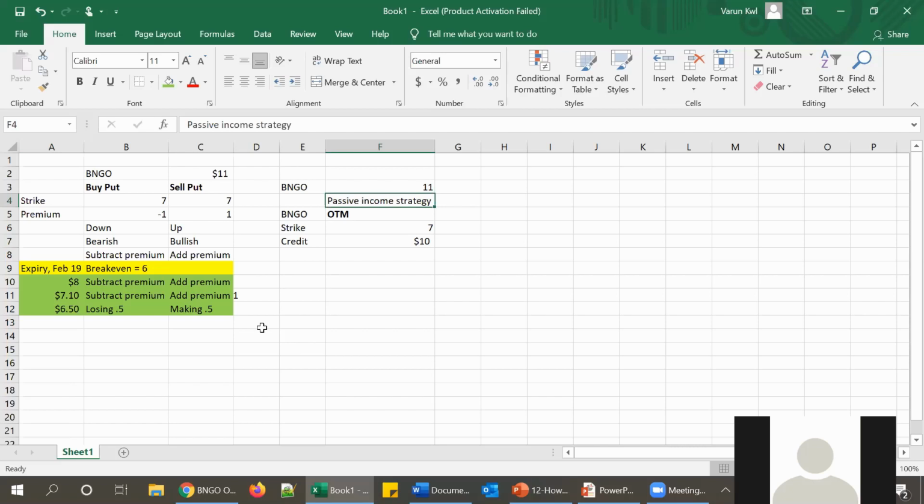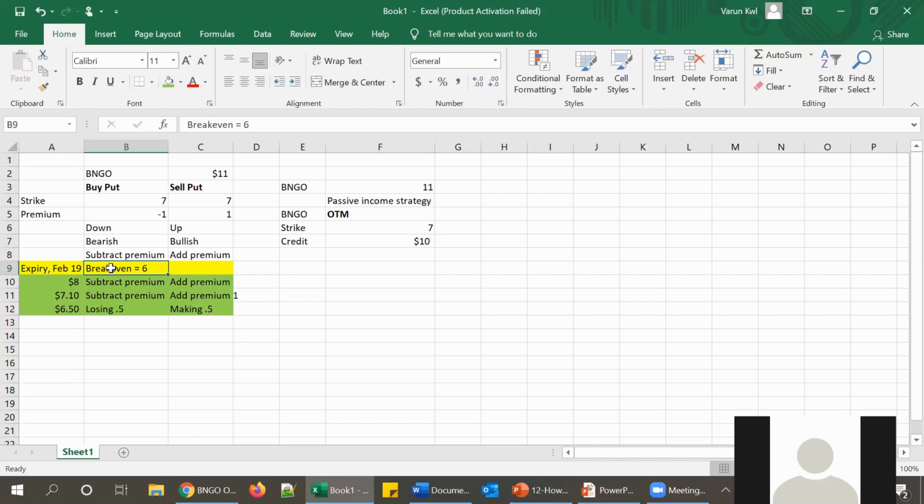Then you should have a lower strike, which is way beyond the actual price. For example, Bingo is trading at $11, but you have put a strike of $7, which is around 30-40% away. Yeah. So lesser risk, right? In this case, it's less risky, because the strike price is $7, and look at it, your break even is actually way far.